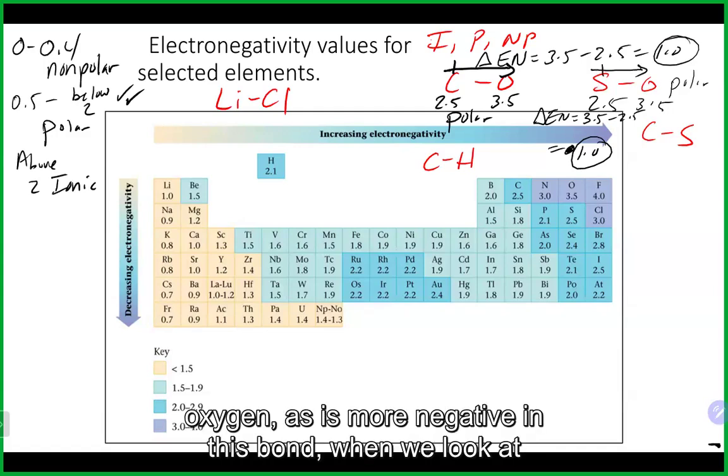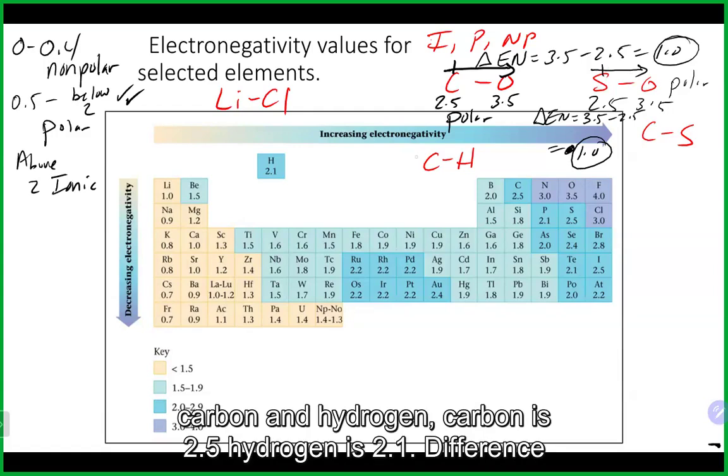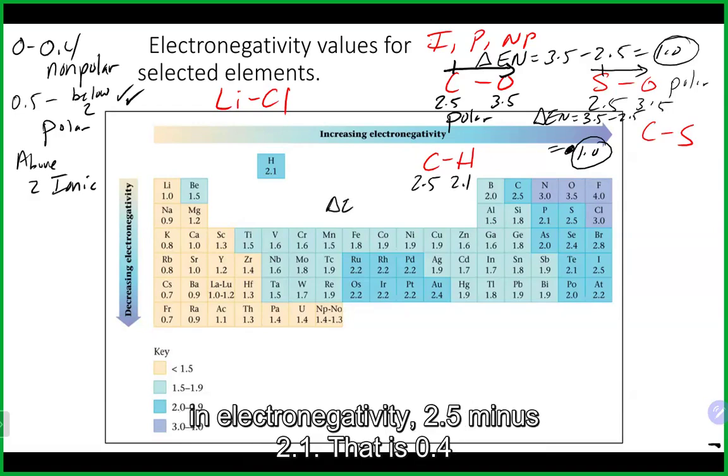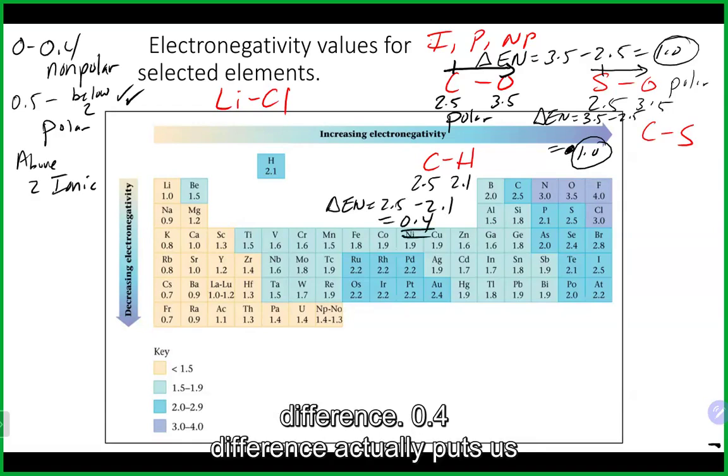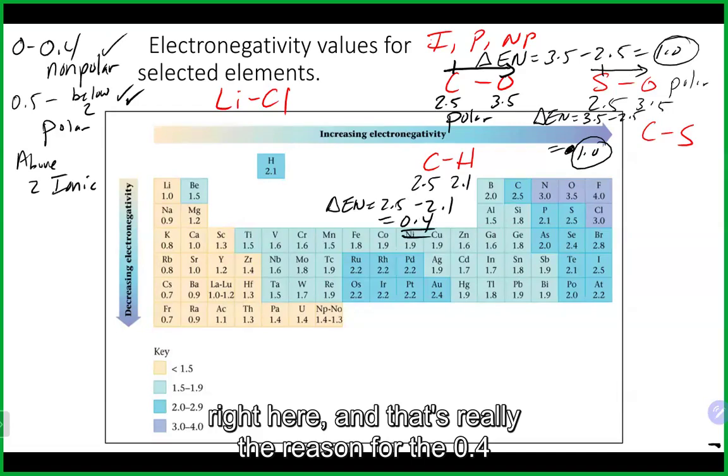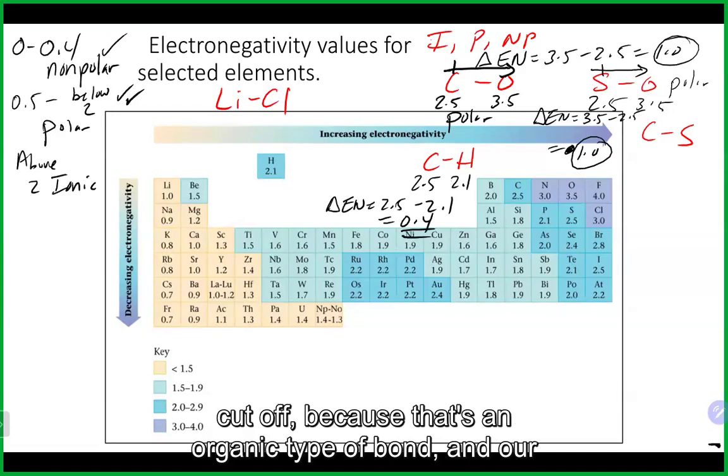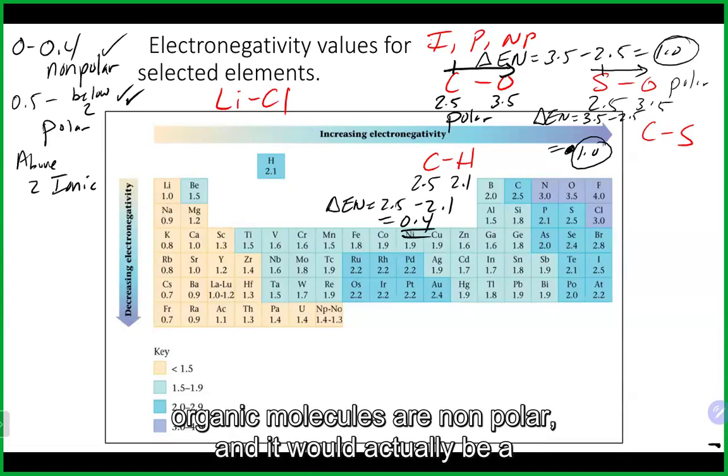When we look at carbon and hydrogen, carbon is 2.5, hydrogen is 2.1. Difference in electronegativity, 2.5 minus 2.1. That is 0.4 difference. 0.4 difference actually puts us right here. And that's really the reason for the 0.4 cutoff, because that's an organic type of bond, and our organic molecules are nonpolar.